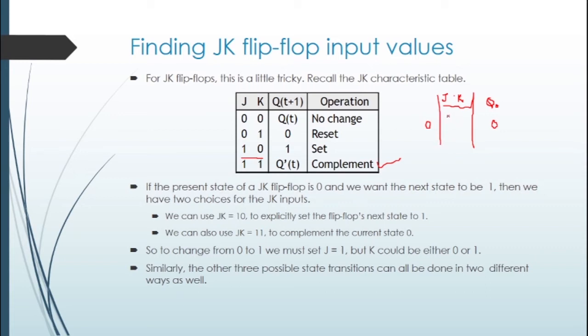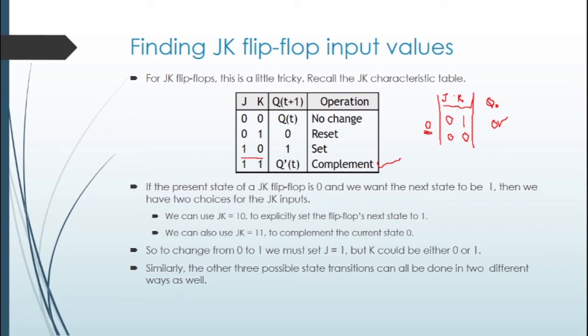Either we can use the value 0 1, which will reset Q0. Whatever the previous state was, we don't care, the next state will be 0. Or we can simply use 0 0, because the last state was 0 and there is no change here.